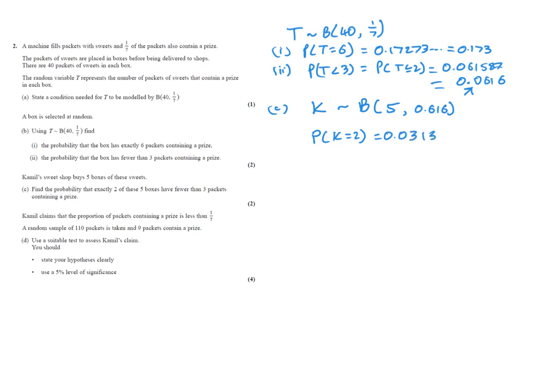Nice. It's worth noting here that should you have got part B wrong, so if that probability wasn't right, but you correctly used it with workings in part C, you get the marks. Whereas if you didn't do any workings in part C and obviously came up with the wrong answer because of part B being wrong, you can't gain the follow through marks.